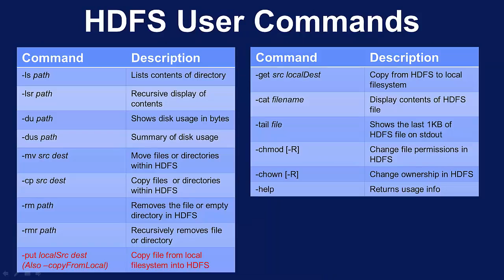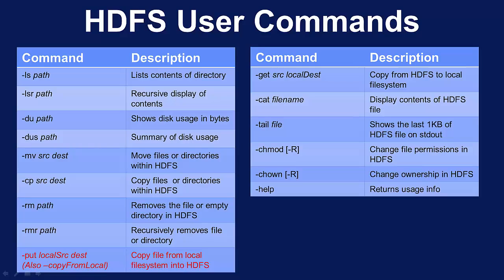This slide is basically a summary of some of the HDFS user commands. So we saw ls already. You can have disk usage commands. You can move files between directories. You can copy files within HDFS. You can remove files. You can actually put from local, and you can get to local.